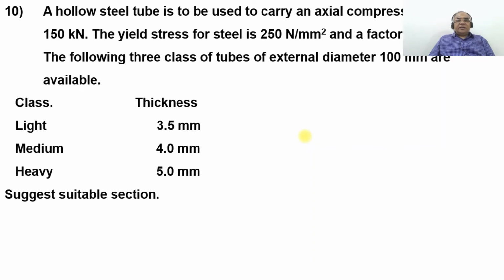The following 3 classes of tubes of external diameter 100 mm are available. The class and thickness is given. The light class is 3.5 mm thickness, the medium class is 4.0 mm thickness, and the heavy class is 5.0 mm.